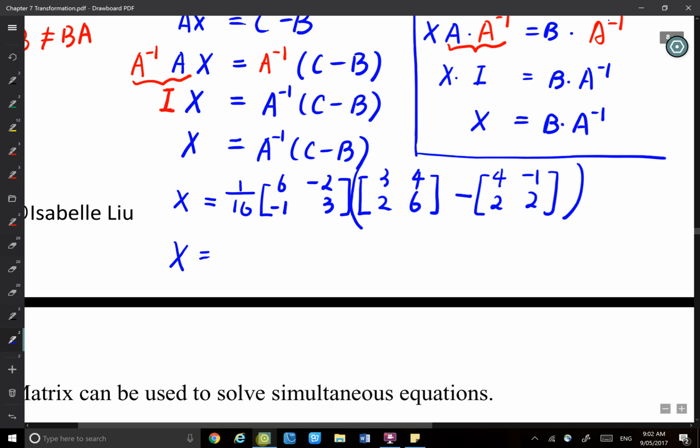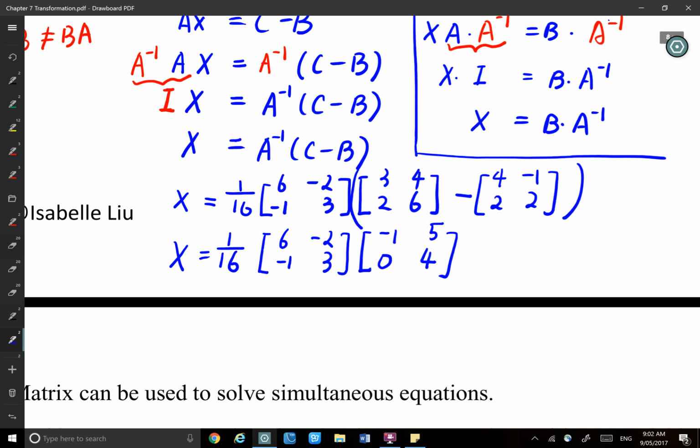So X equals to 1 over 16, [6, -2; -1, 3], times [-1, 5; 0, 4]. Okay, 3 minus 4 is minus 1, 4 minus negative 1 is 5, 2 minus 2 is 0, 6 minus 2 is 4.